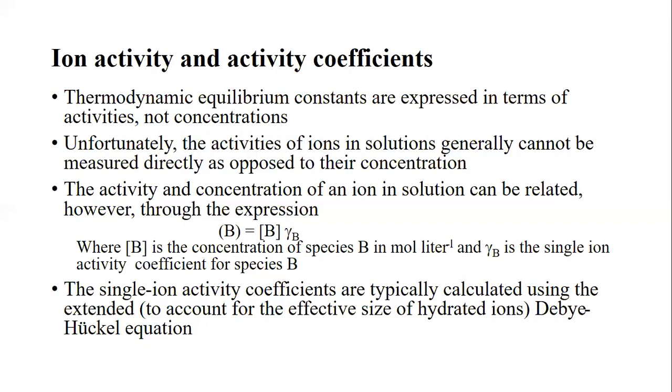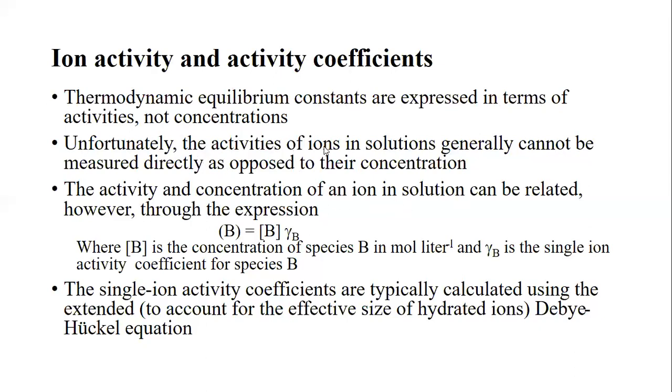Most of the reactions are carried out at room temperature, which is 25 Celsius or 298 Kelvin, and under 1 atmospheric pressure because it's an open system. That's why most thermodynamic equilibrium constants are really constant and available in the literature. They are expressed in terms of activities, not concentration of the ions.